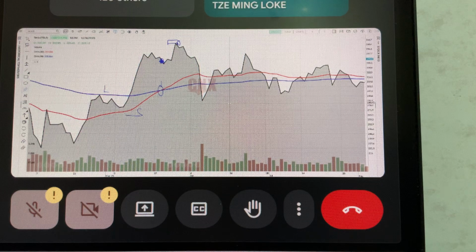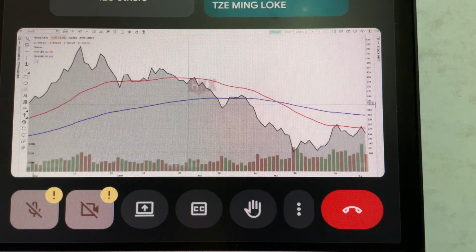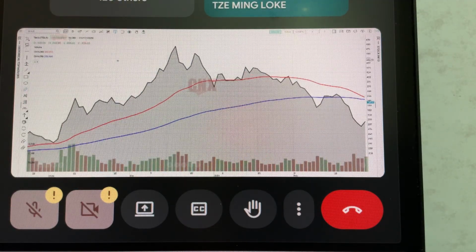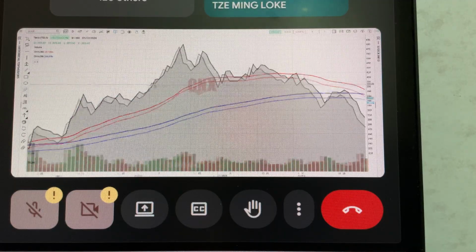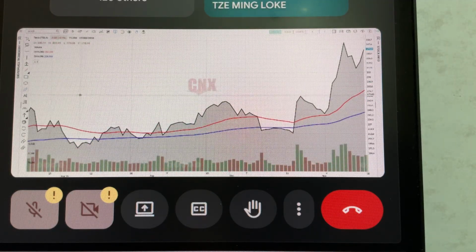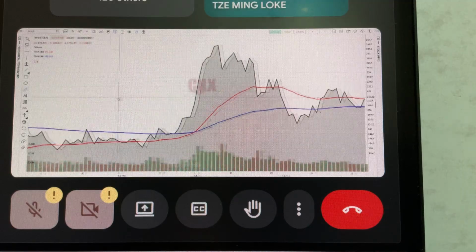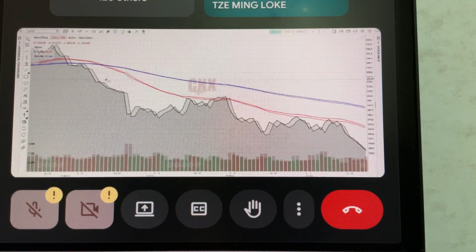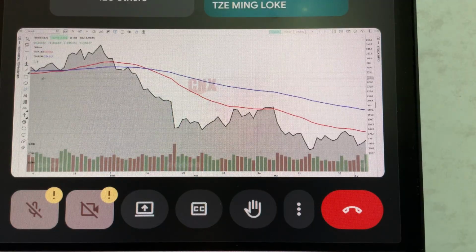So when is the sell signal? The sell signal is when the short line cuts below. So let's look and see whether we have any here. Yes.